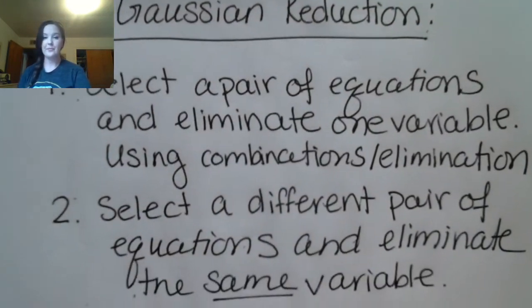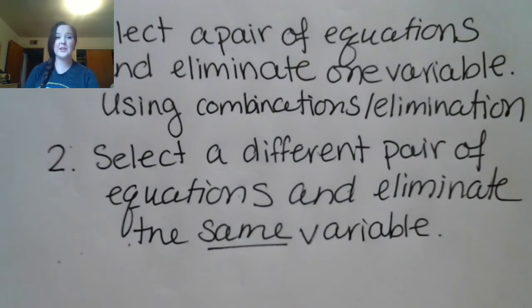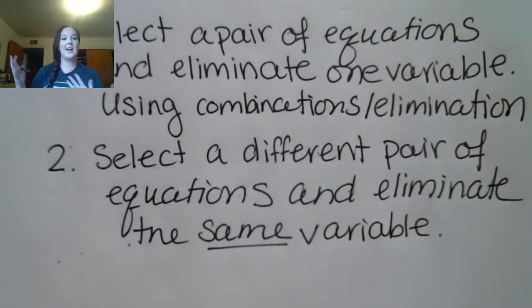It is very important that you eliminate the same variable that you did in step 1. If you don't, you're not actually making any progress here. It's not wrong, but it's not helping you in any way.